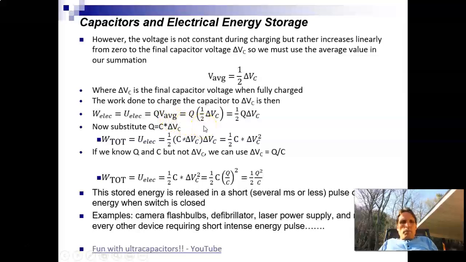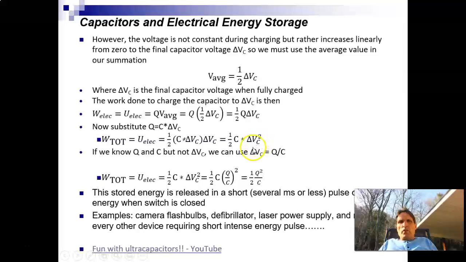So anyway, now we can put in that Q is equal to C times delta V, and we plug that in and we get the most useful form of this equation, that the amount of energy that can be stored across the capacitor is equal to 1/2 times the capacitance times the square of the voltage that we've charged it up to.